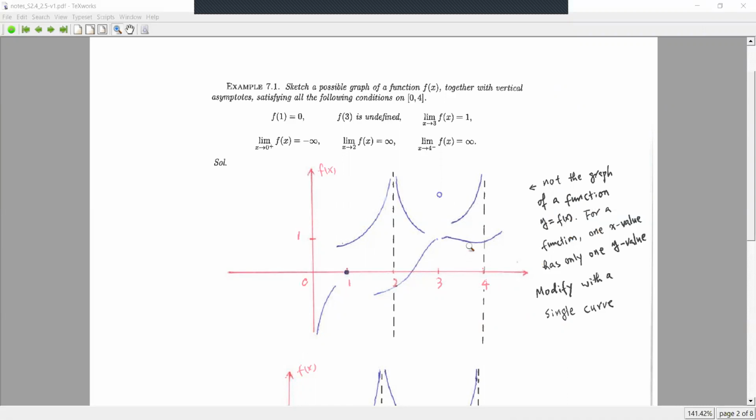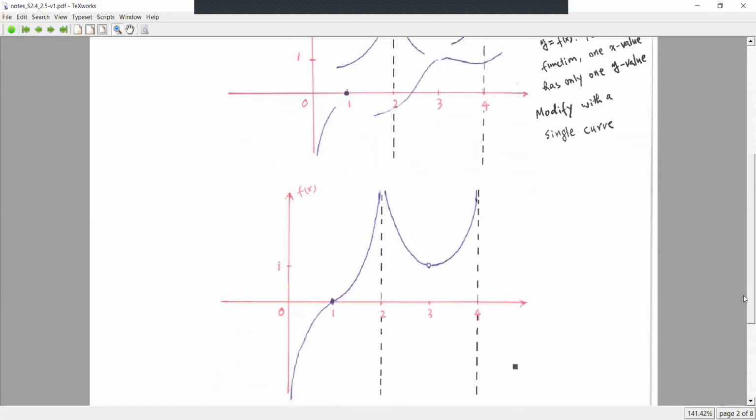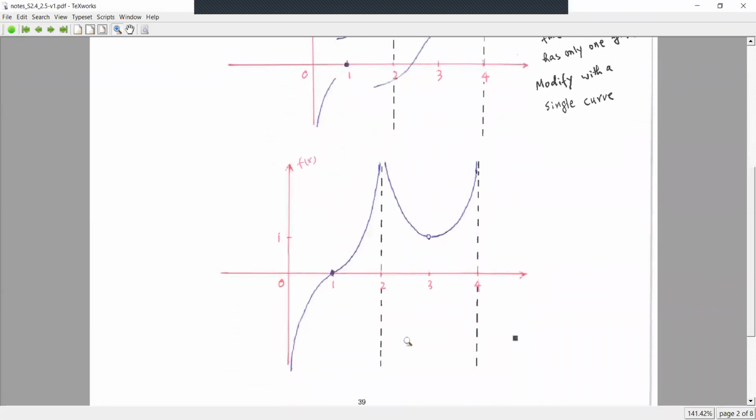This height is one y value, and then from here to here, this height is the second y value. Therefore, this diagram is not the graph of a function. We need to modify this diagram with a single curve. Now this is the graph of a function.